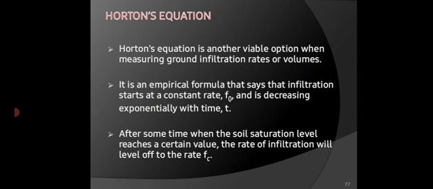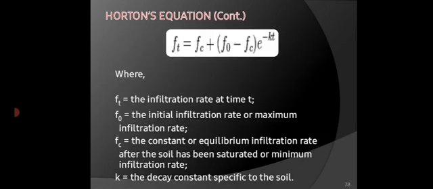So after some time, when the soil saturation level reaches a certain value, the rate of infiltration will level off to rate Fc. So initial rate F0 and then Fc.